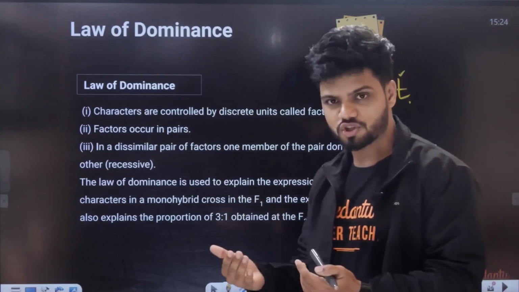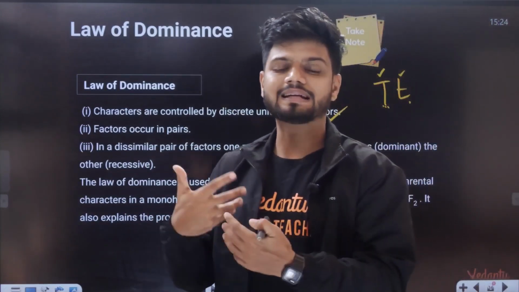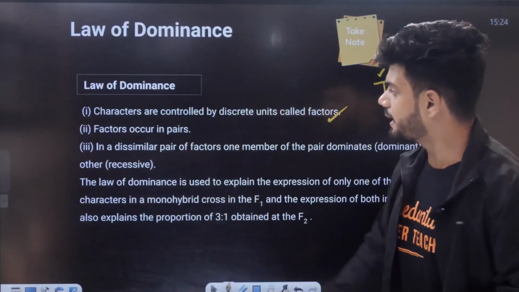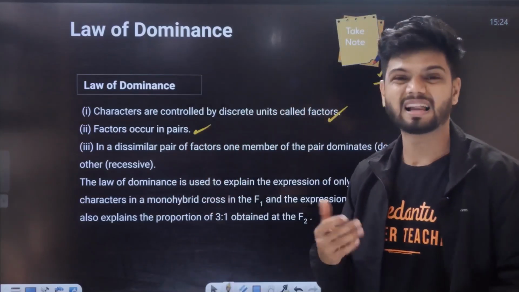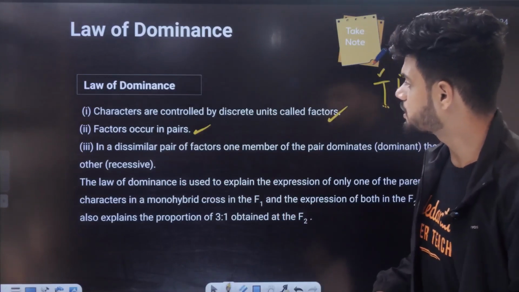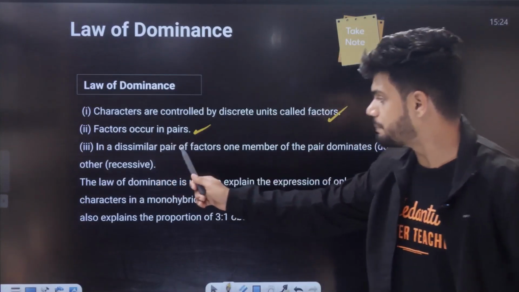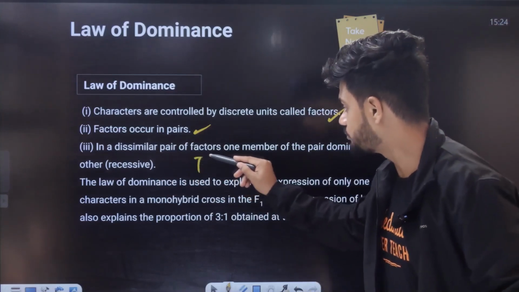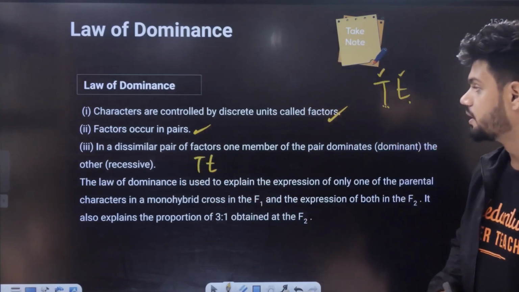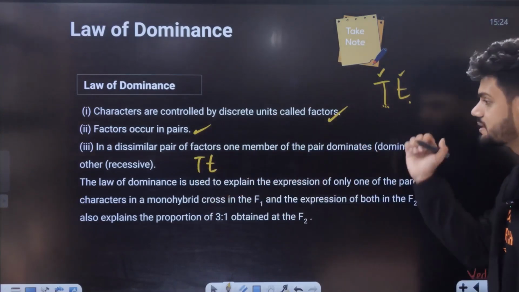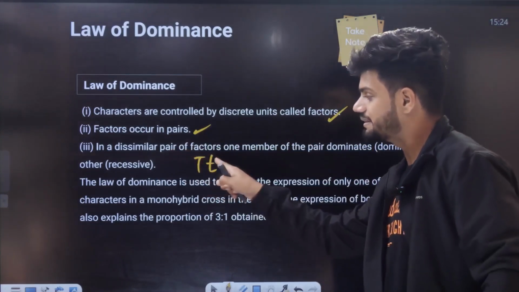All of this information is controlled by genes, and genes are nothing but factors here. Factors occur in pairs, that is alleles, dominant, recessive. Genes also occur in pairs. In a dissimilar pair of factors, capital T, small t, one member of the pair dominates the other. This is dominating this one.